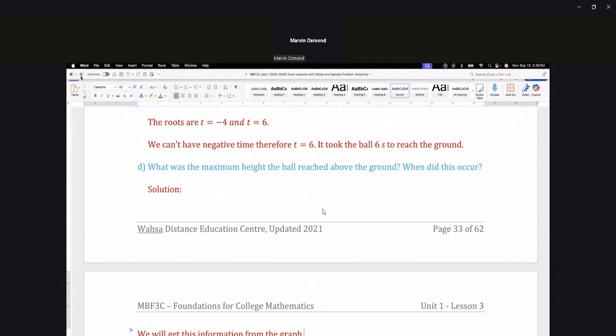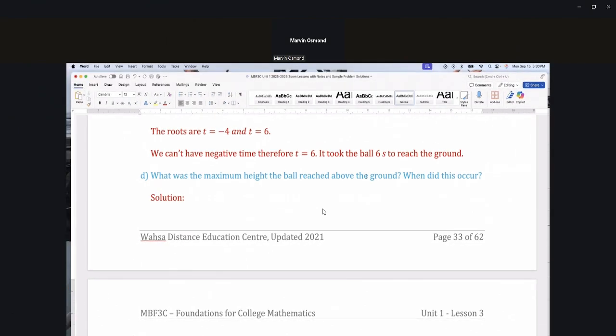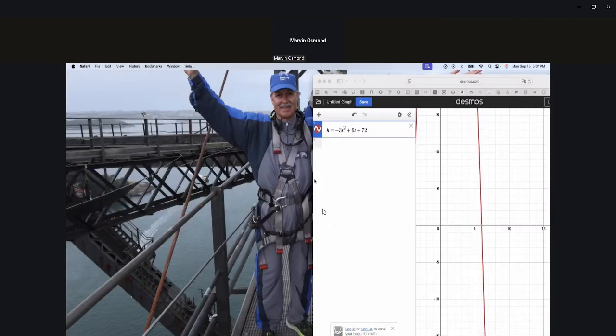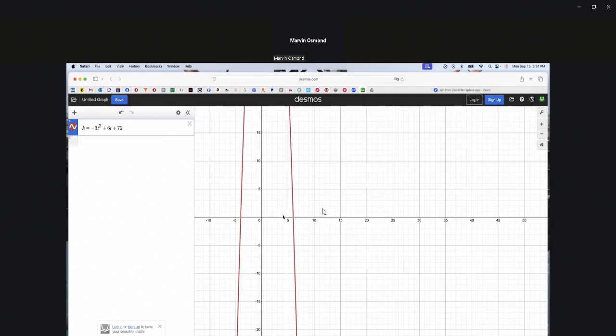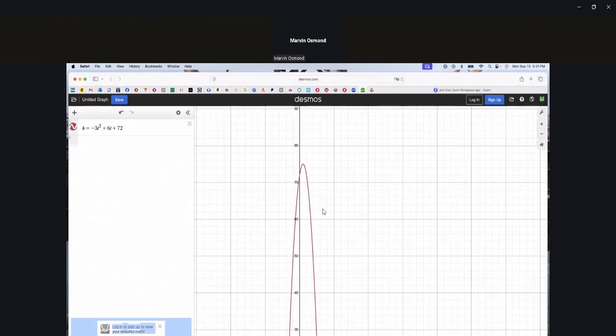Let me just get out of here again and come back in. Okay, so if I move this over, the maximum height the ball reached, we have to go to the very top up here.